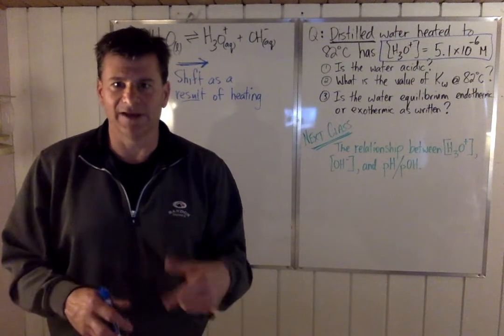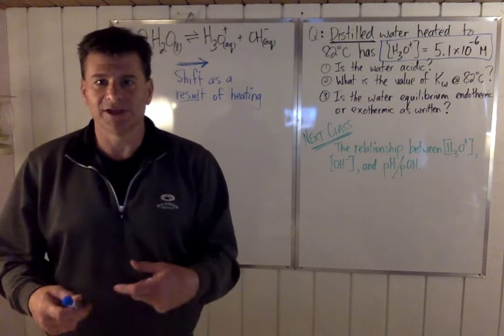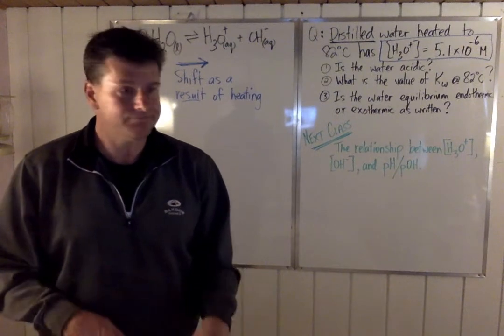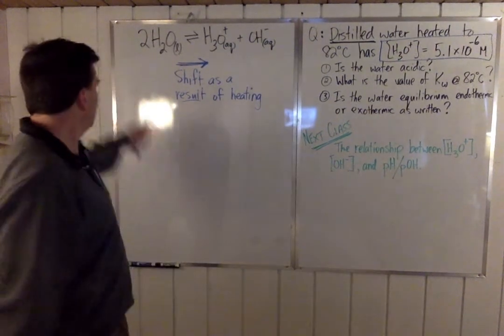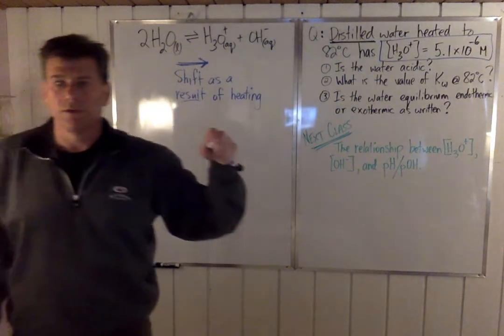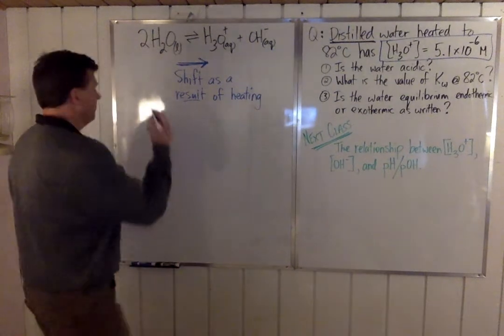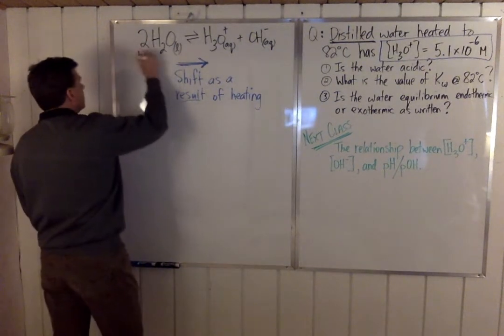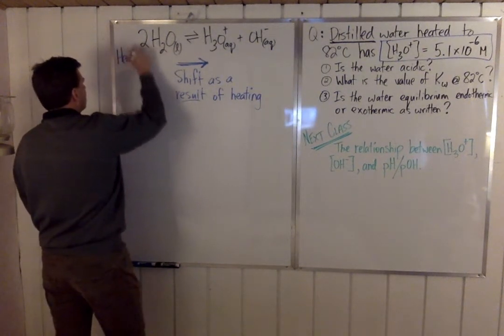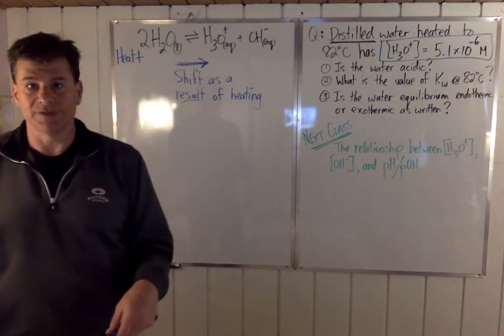But the quick and dirty way of figuring it out is when you heat something, it shifts away from the heat term. So if it shifted towards the right, and it's shifting away from the heat term, that means the heat term must have been over here. So that's where the heat term was.